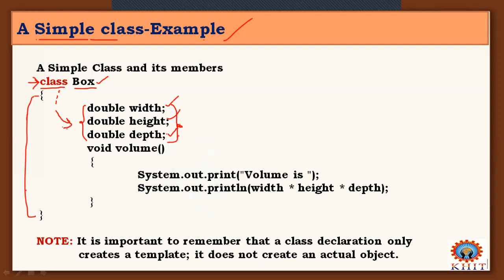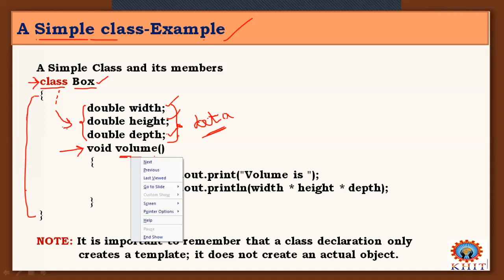What is the class here? Box. So this is box-related data defined inside the class. And what about this one? Volume is a method. This volume method calculates the volume of a box based on the data given. What is the data given here?